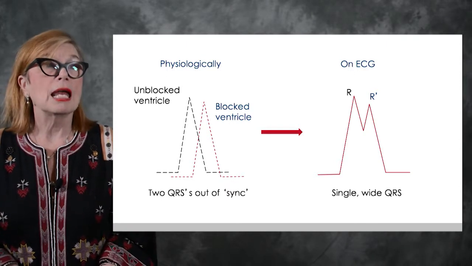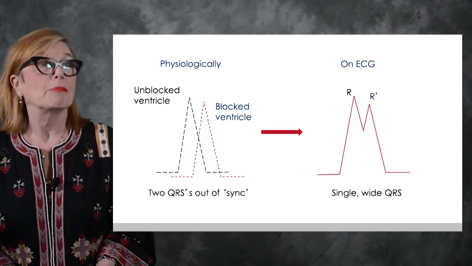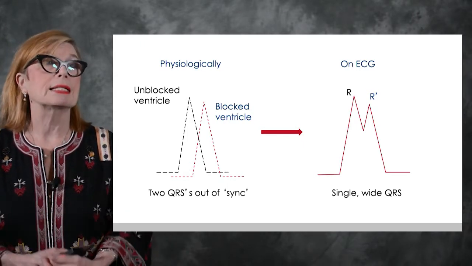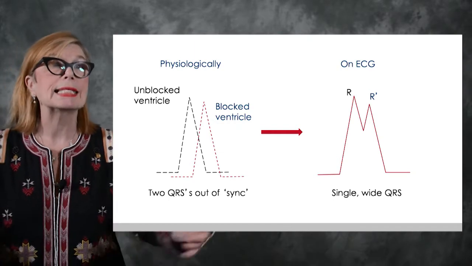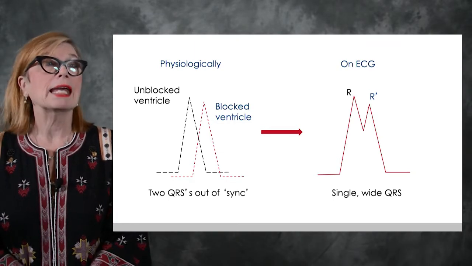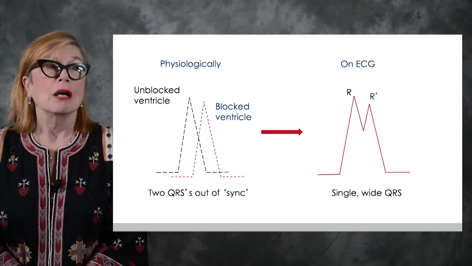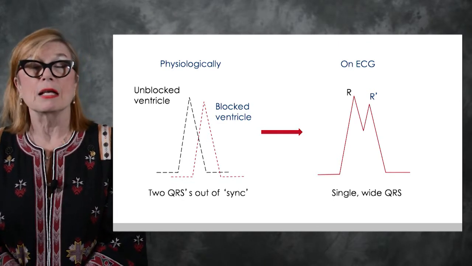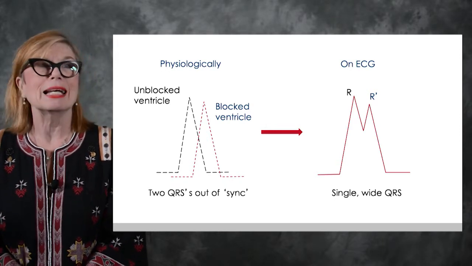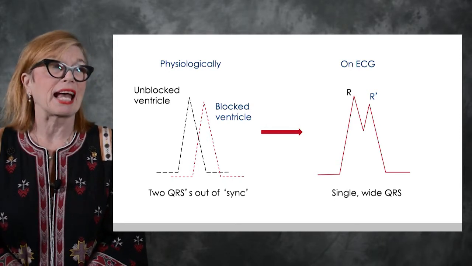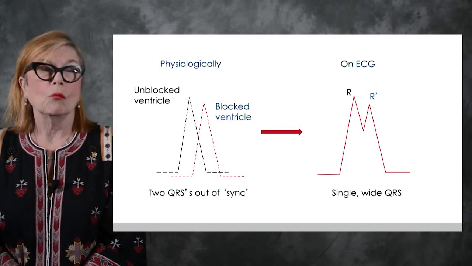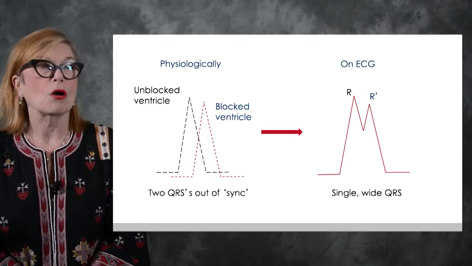But if one of our branches is blocked, we will have dysynchronous depolarization, dysynchronous contraction, and we're going to see it on the EKG, the evidence that one ventricle is electrically activated first and the second ventricle is electrically activated second. That gives us what we traditionally call the R with the second R, also known as R prime.